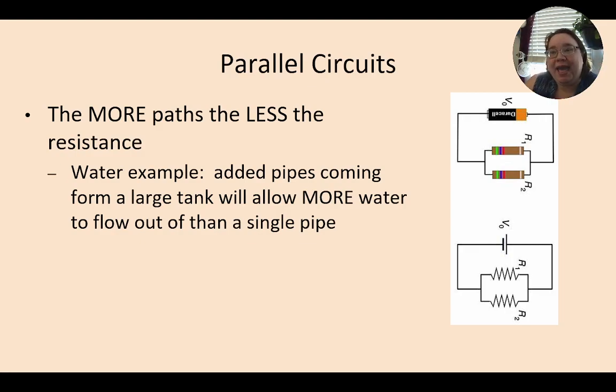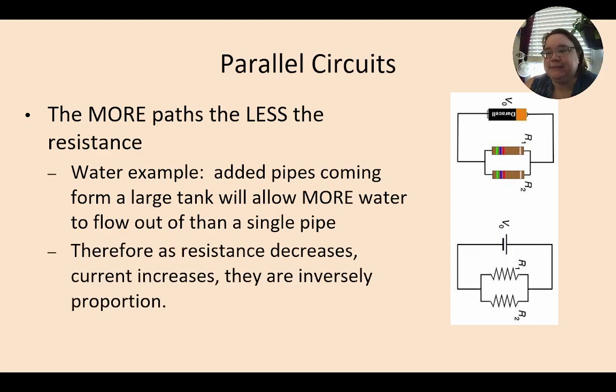So the more paths, the less the resistance. So resistance decreases, my current, unfortunately, increases. So I've got more electrons flowing because that resistance decreases. So resistance goes down, current goes up. They are inversely proportional.